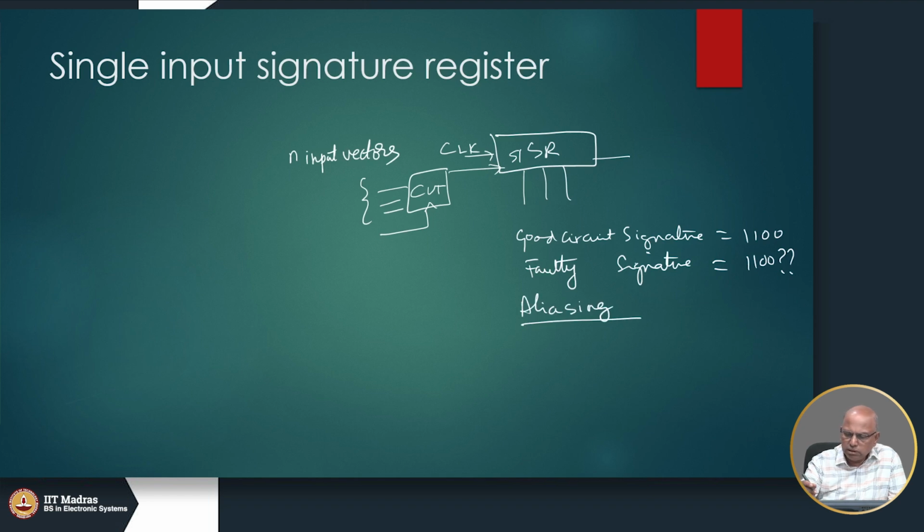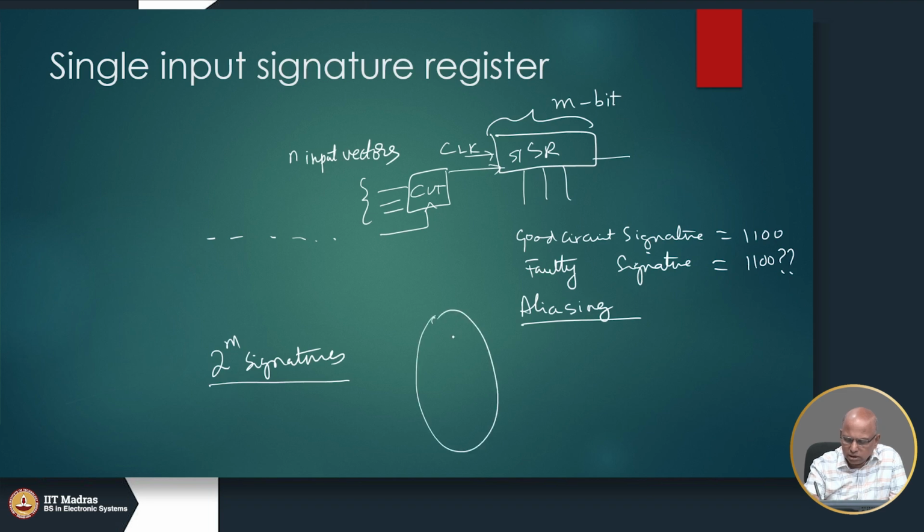See, if you have an m bit register, there are 2 to the power m signatures possible. So after applying n test vectors, one of these will be in the good signature register, right? What is the chance that the faulty signature also is the same?